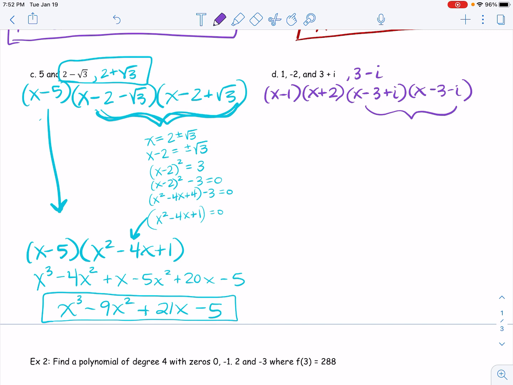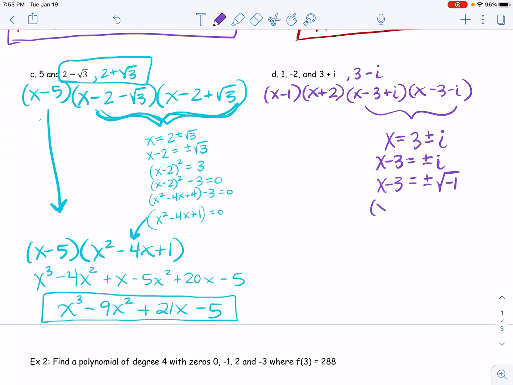So use the shortcut. If I know that my factor gave me zeros of 3 plus or minus I, work backwards. Subtract the 3. Remember, I is the square root of negative 1. Let's rewrite that. How do I get rid of that?